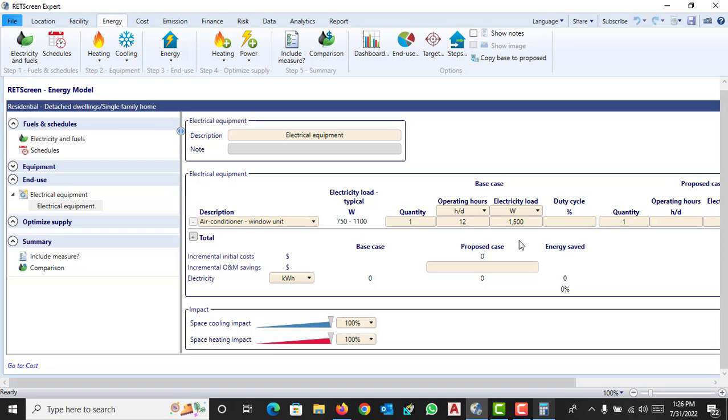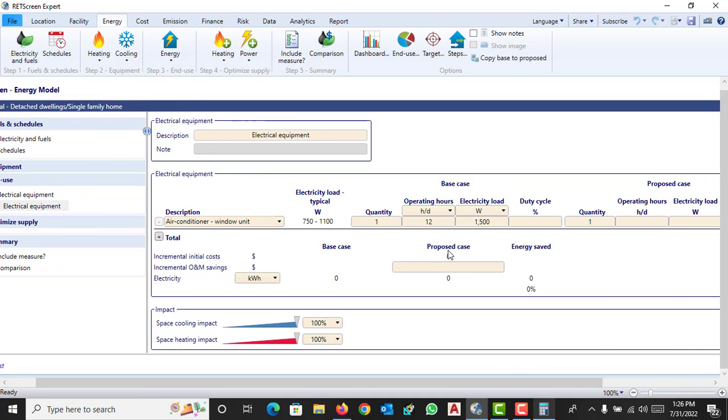So how can I reduce this wattage? So what is the duty cycle? Duty cycle is actually the percentage of the time the AC is going to be used. Like in 12 hours you are going to use around 8 hours of your AC.